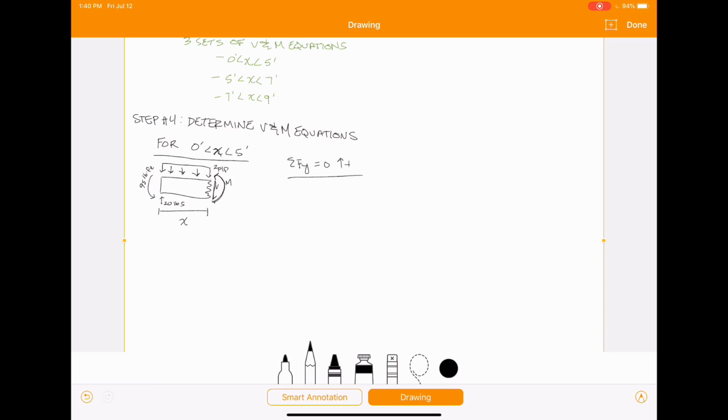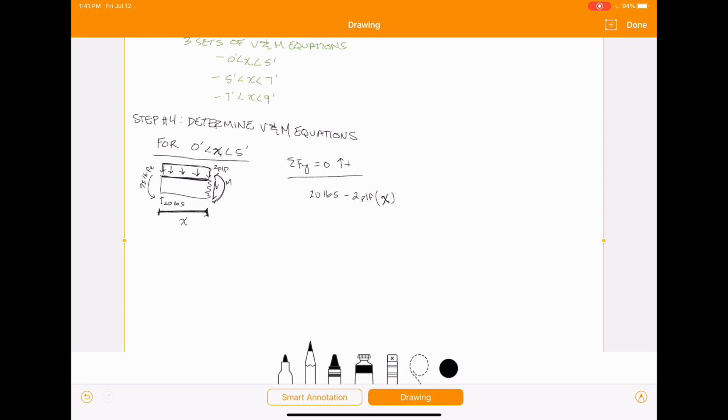So sum of forces y, we're going to get 20 pounds minus 2 PLF times, you might be tempted here to put 5 feet, but remember we're cutting the beam at a distance x, so this is really times x. We're just looking at this cut section, cut at a distance x. So the length of this rectangle from the distributed load is going to be x.